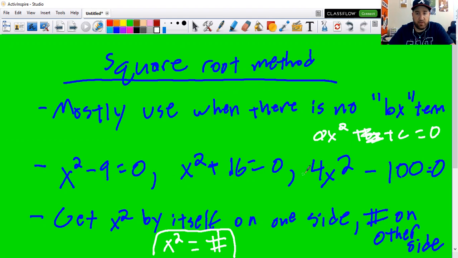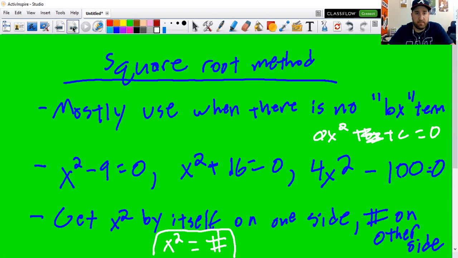Got some examples here below. We're going to do these 3 examples along with a couple others coming up here in a second. The whole idea of the square root method is to get x squared by itself on one side, number on the other side, and then we're actually going to take the square root of both sides. That's why it's called the square root method.